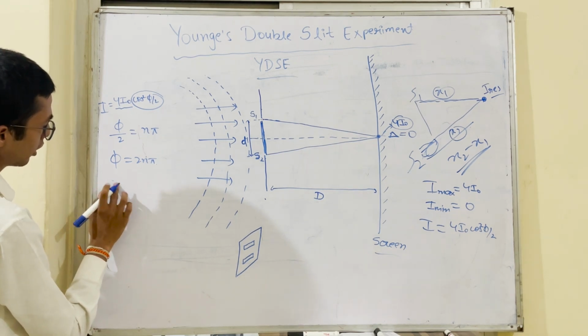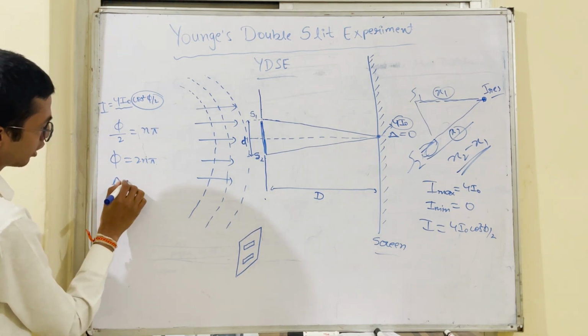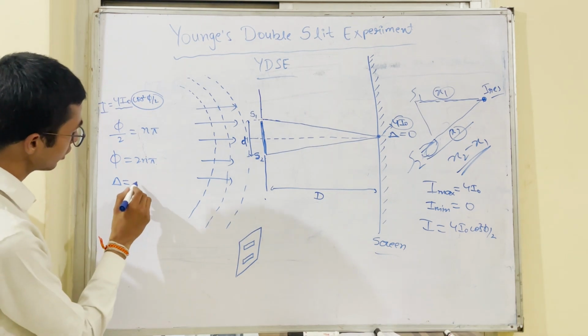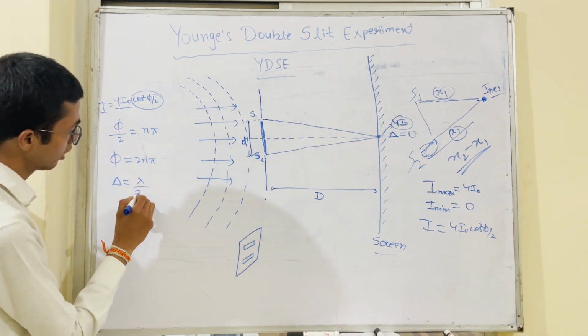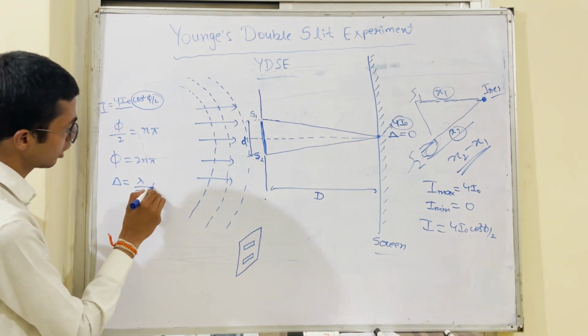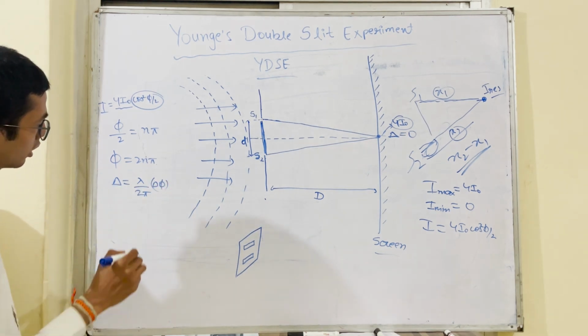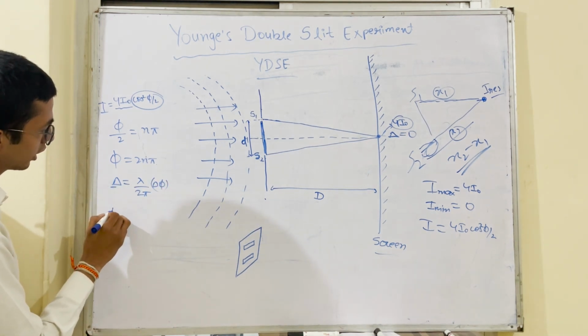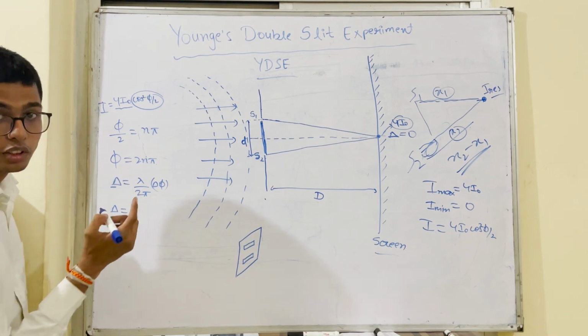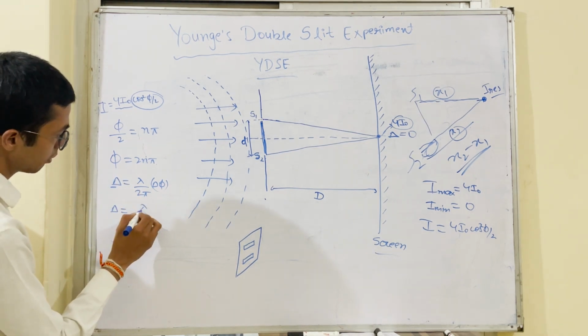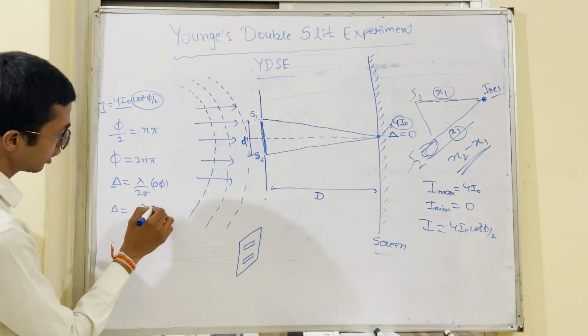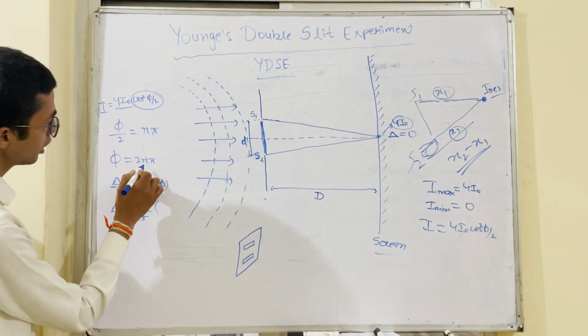So we see the formula: delta equals lambda by 2 pi times delta phi. This is the path difference, and delta phi is the phase difference. So what should the delta be for the maximum value of intensity? Lambda divided by 2 pi, and the phase difference should be 2n pi.